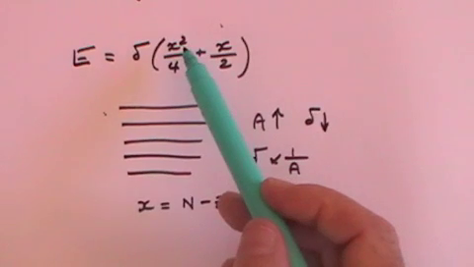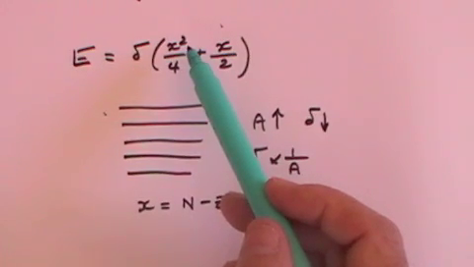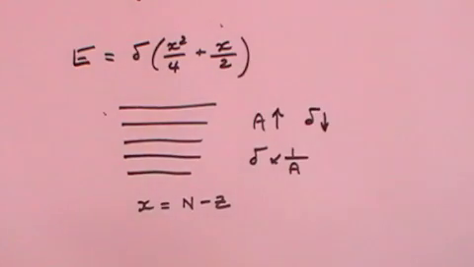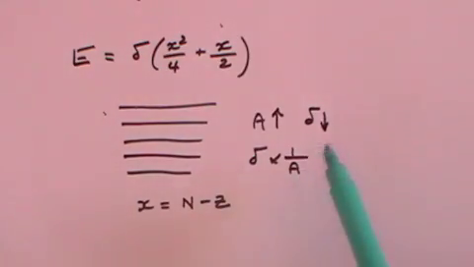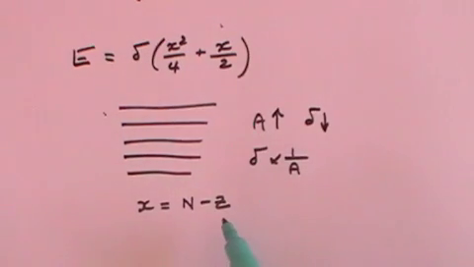x will be small compared to x squared when we've got larger numbers. So again, we can ignore the x term, and essentially we can wrap up all the constants into a single constant. The only things we've got are a delta, which is a 1 over A term, and an x squared, which is an (N minus Z) squared term.